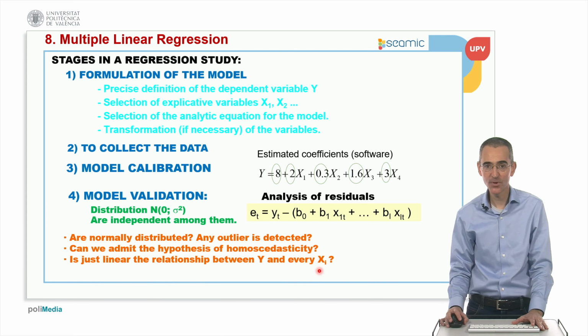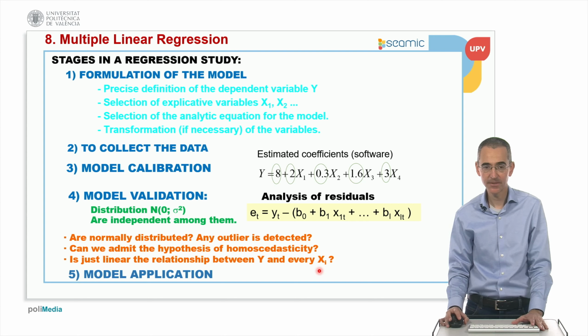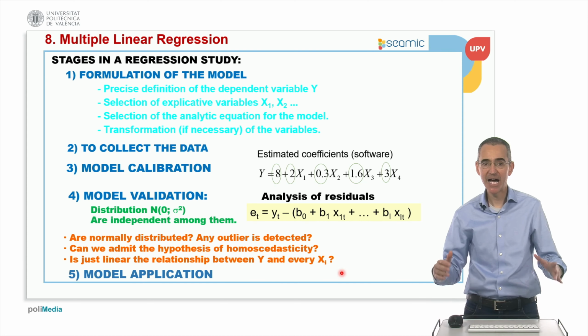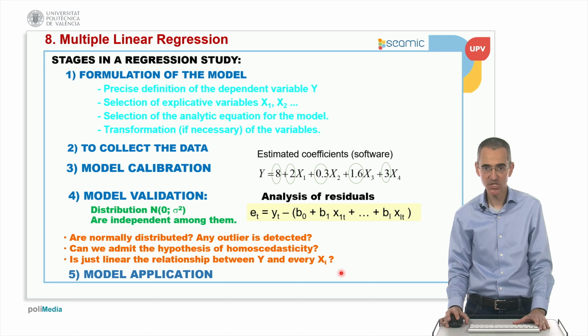This is also important because there might exist quadratic effects for one or more variables. Once we have validated the model, we can use the model to make predictions. Regarding the model validation, it's important that in multiple regression, it's validated based on analysis of the residuals. In another video, I will explain that there are other kinds of regressions that use other procedures for model validation.